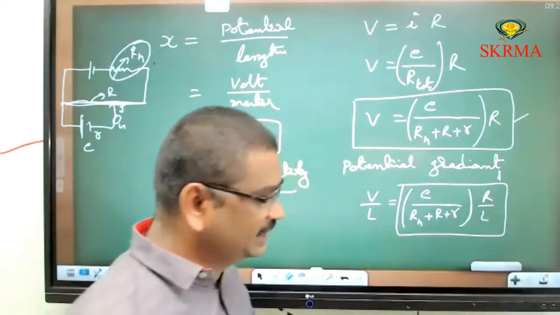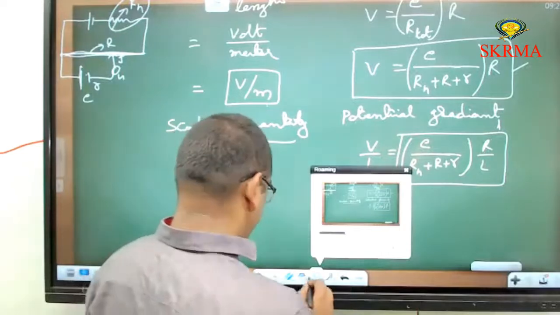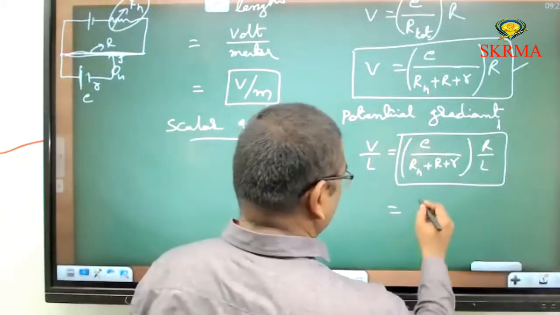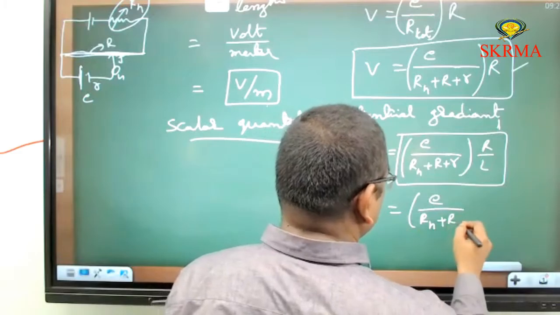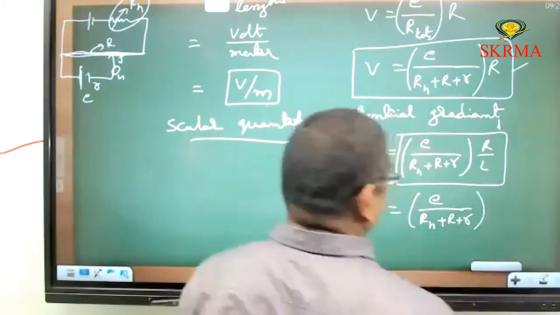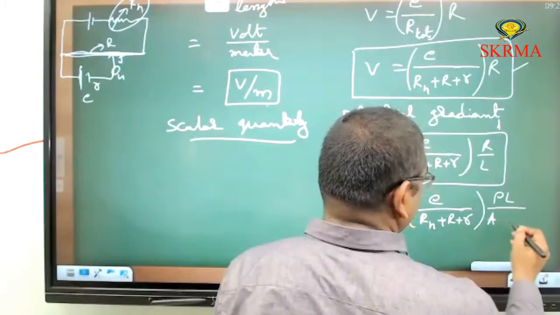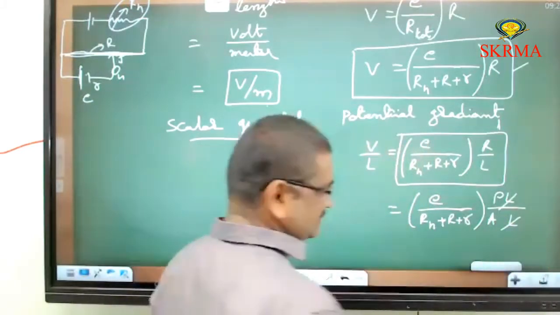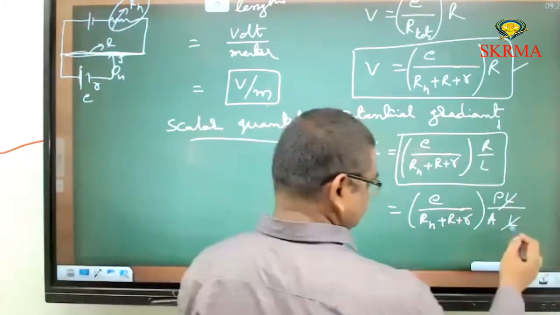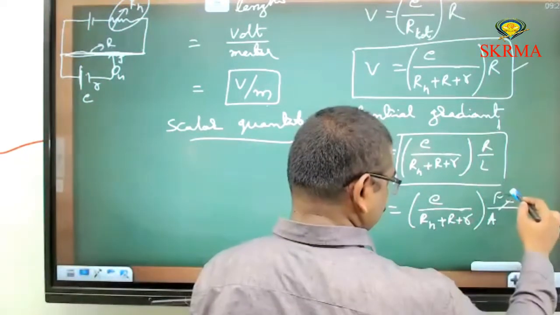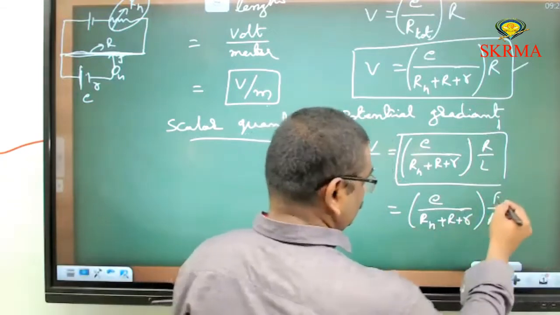Next, can you write this in terms of rho? Can you write this equation in terms of rho? It is equal to E by (RH plus R) into resistance, which can be written as rho L by A, into 1 by L. The L's will get cancelled out, so the above equation can be written as rho by A also.